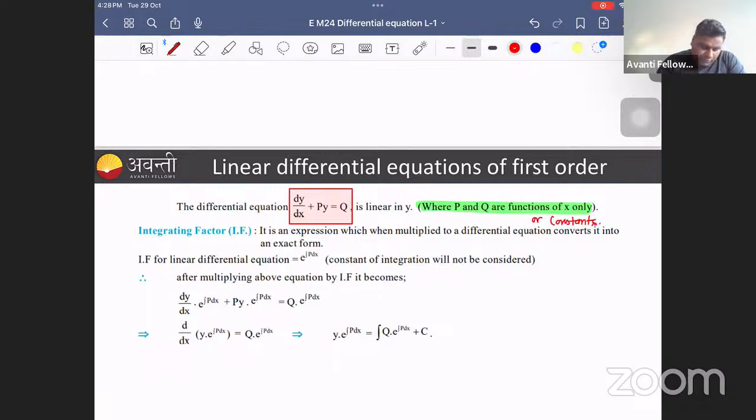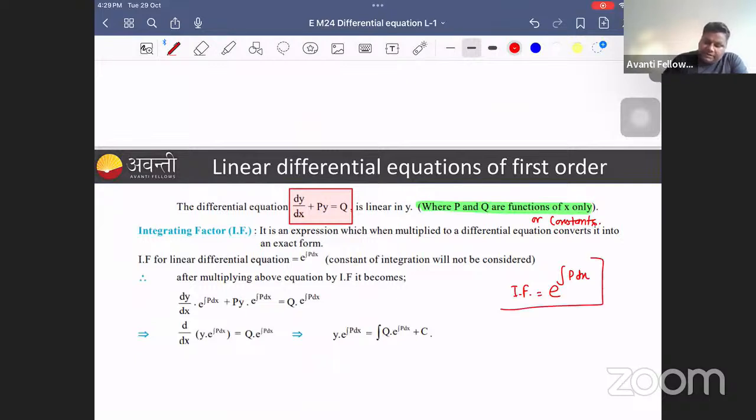Now there comes into the picture a term we call the integrating factor. So the integrating factor will be what? e to the power integration of the coefficient of y, that is, P dx. Got it? So the integrating factor is e^(∫P dx).